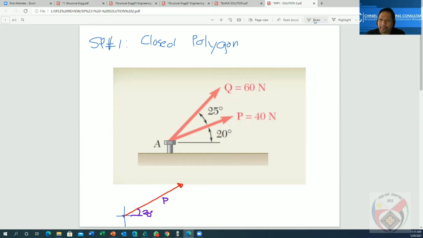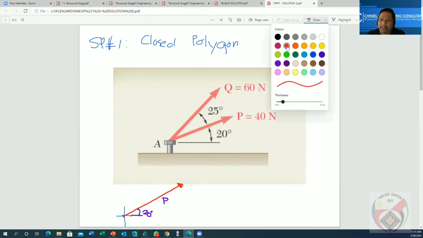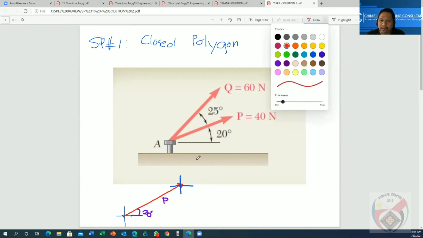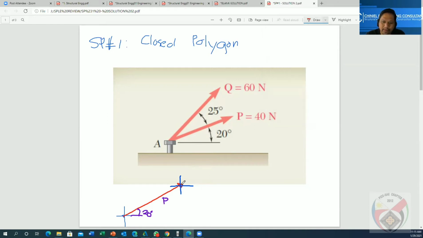Then the direction of Q. So, before you plot the Q, gawa ulit tayo ng parang reference point. Okay? So, Q is how much? 45 degrees from the horizontal.